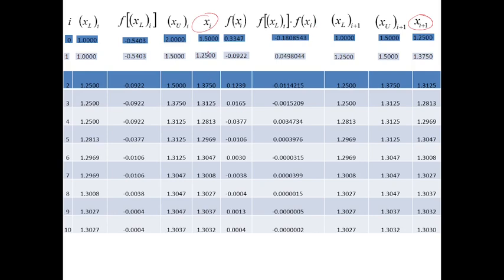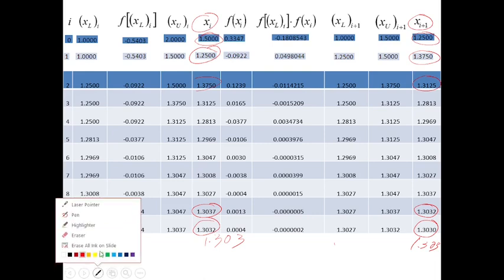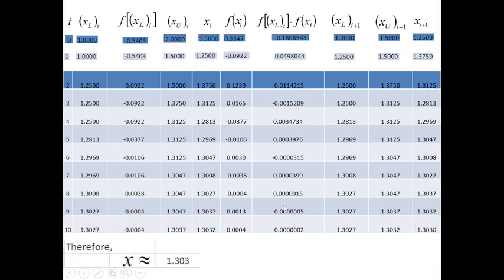So, dito, 1.5, 1.25, wag ka munang hihinto. Next iteration. Next iteration hanggang umabot ka dito. Hinto ka na kasi equal na yung dalawa sa 3 decimal places. 1.303, 1.303. Yung para sa 9, 1.304 pa yan. Ito 1.303. Huwag ka munang hihinto. Okay. So, yun ang sagot ngayon. 1.303.